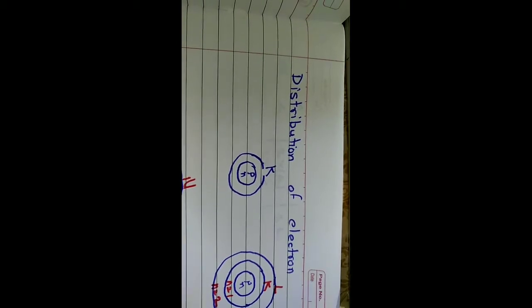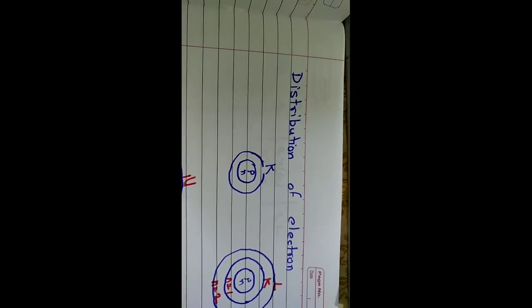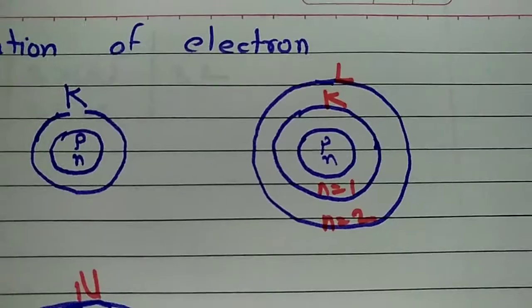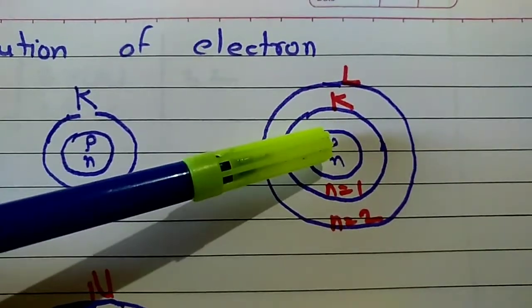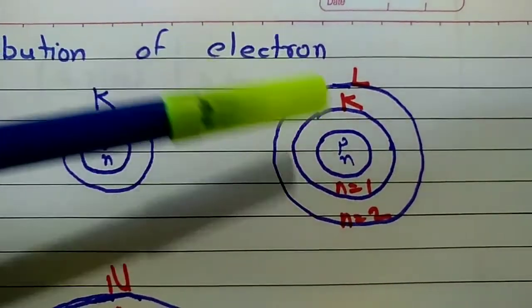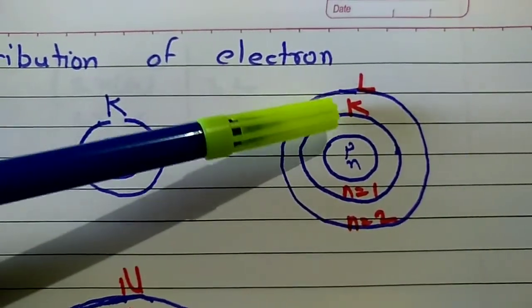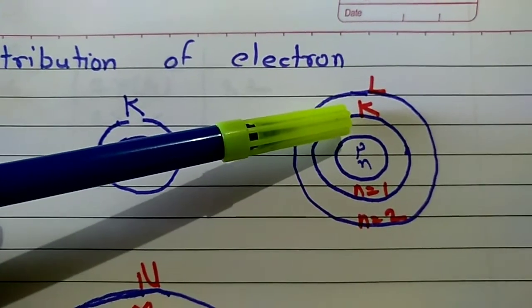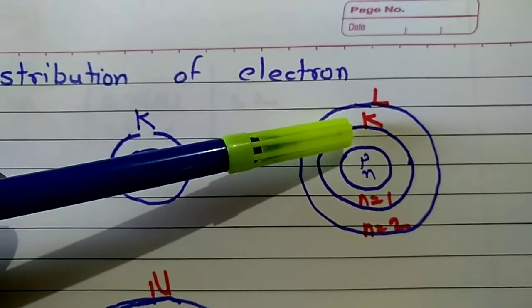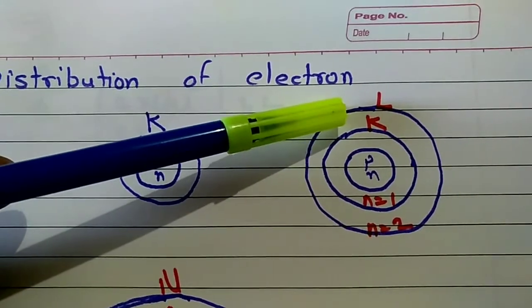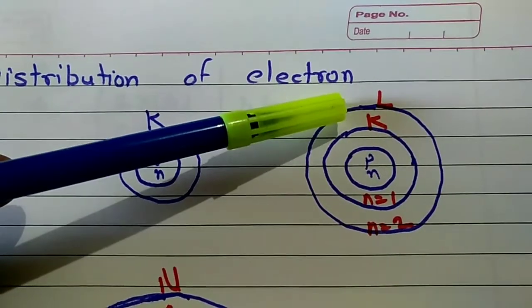The first orbit is numbered as 1 and it is denoted by K. Again this is nucleus in which proton and neutrons are present. First one is denoted by letter K, then alphabetical order. After K, L comes. So second orbit is named as L.